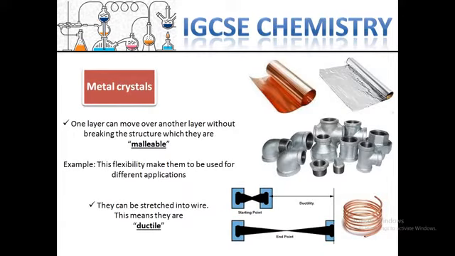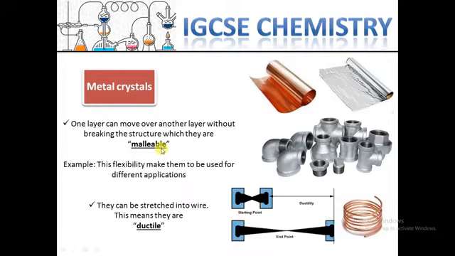So this layer can move over another layer, as you see in the last picture. They can move, and this property we call malleable.